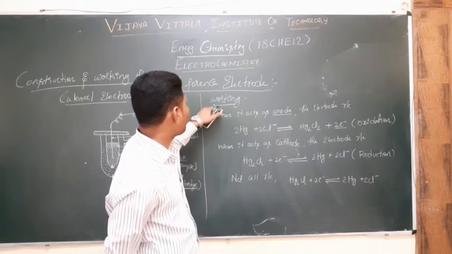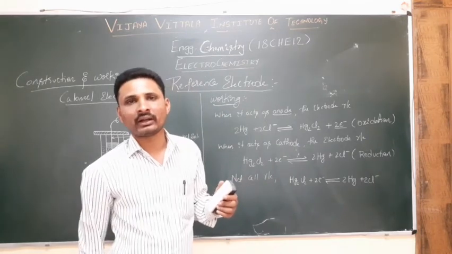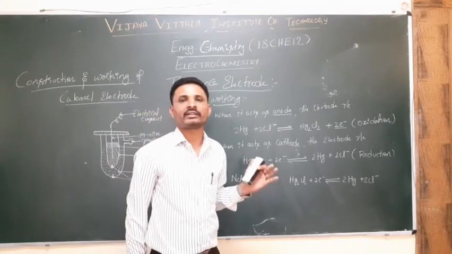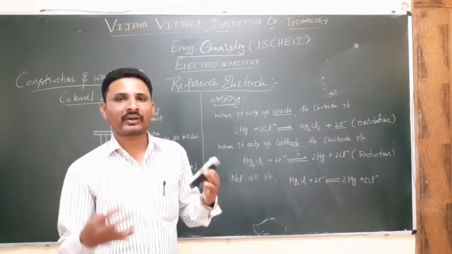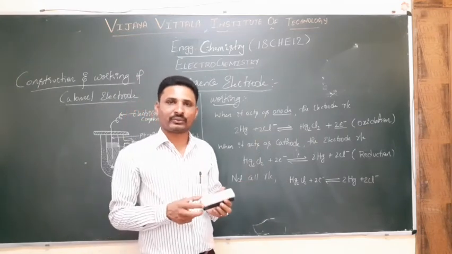So in the working of Calomel electrode, it can act as anode or cathode, depending upon the nature of the other electrode coupled with this reference electrode.